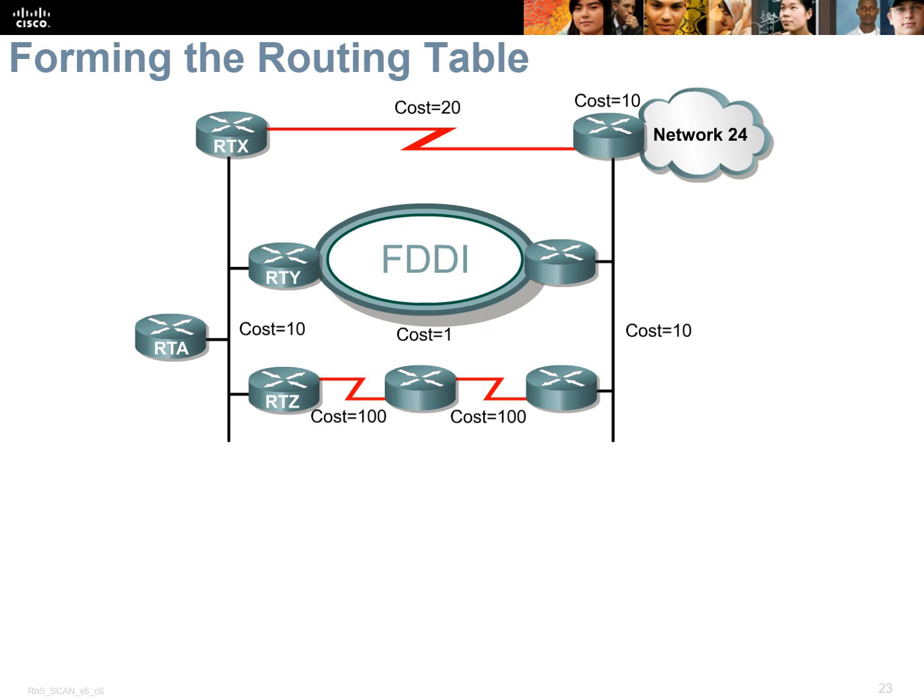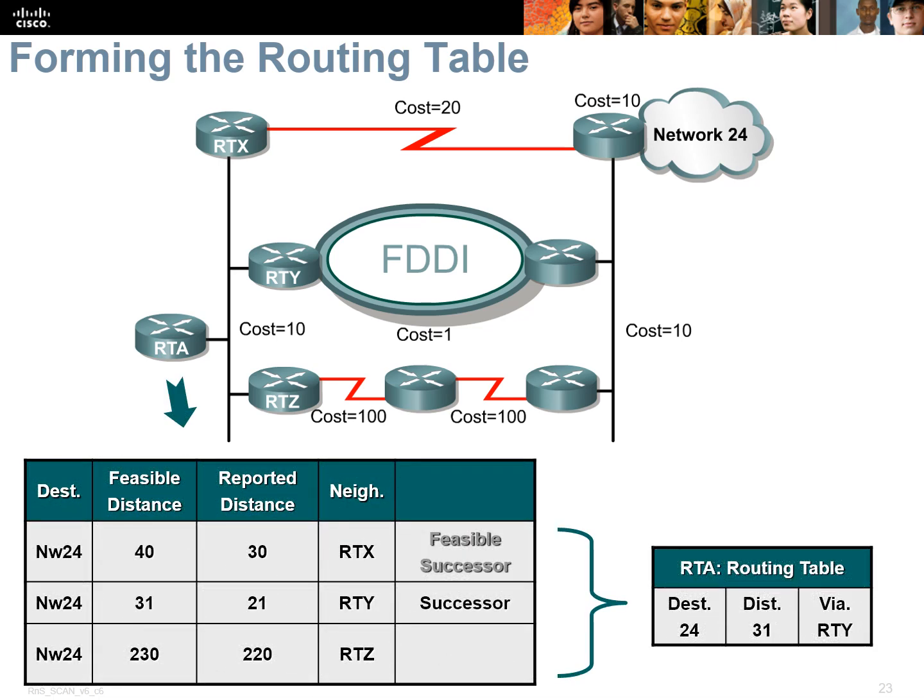Here it is. So here we have router A has 3 paths to get to network 24. Let's have a look. So this is the topology table. To get to network 24, the feasible distance via router X is 40.